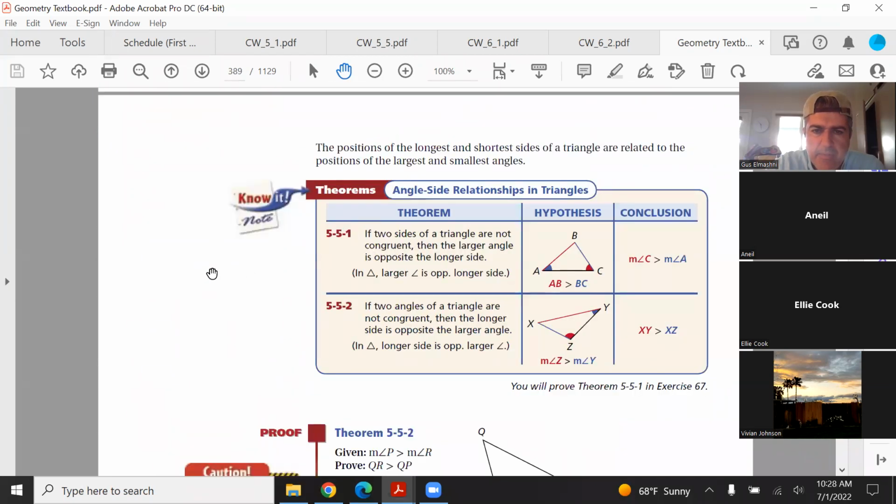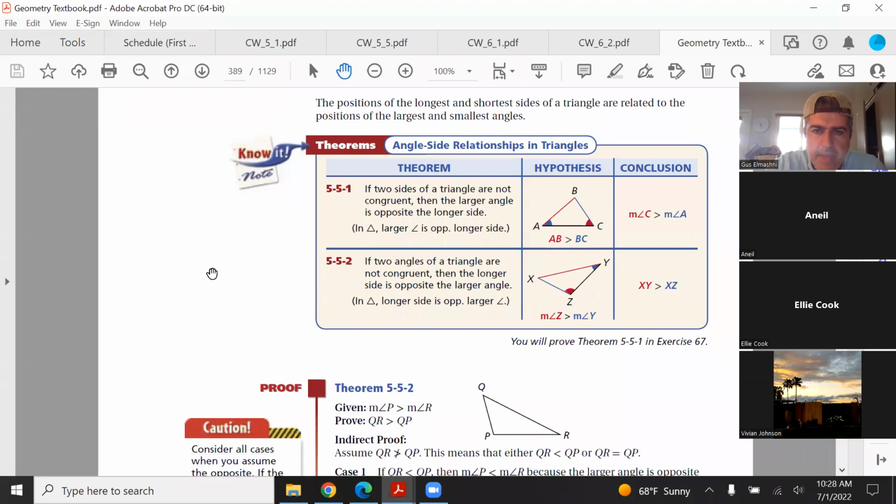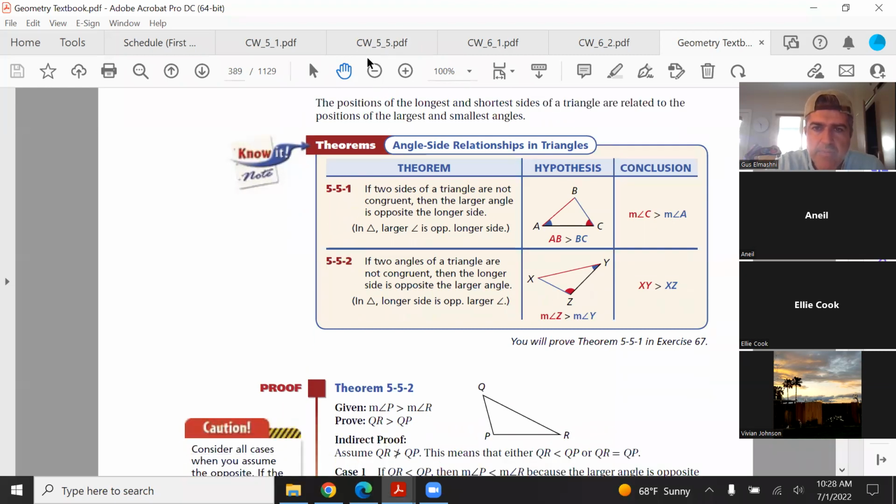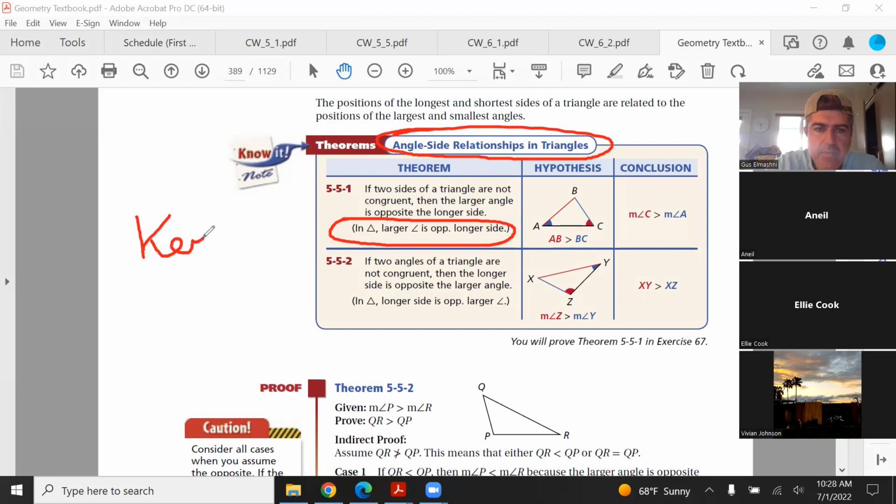I don't really care about that, but this part's very important. Angle side relationships, as I said just about a minute ago. So this is kind of the key idea. You might want to jot this down somewhere in the worksheet for 5.5.